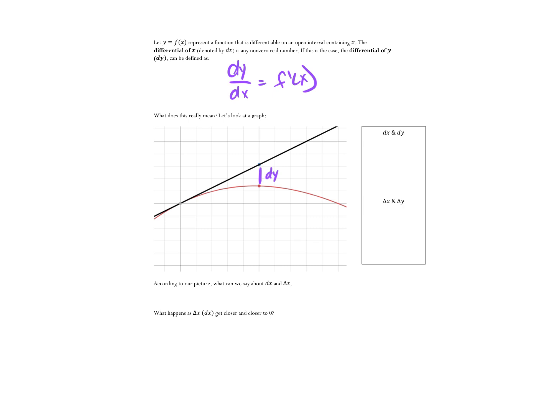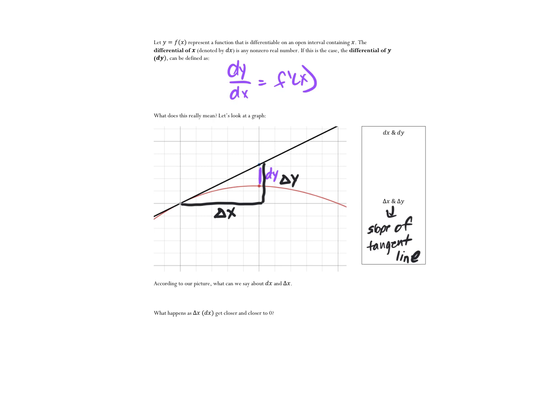Now, on the line, the slope of the line is delta y over delta x. Okay, so when we talk about delta y and delta x, those are talking about the slope of the tangent line. All right, dy is the difference between the tangent line and the actual function.